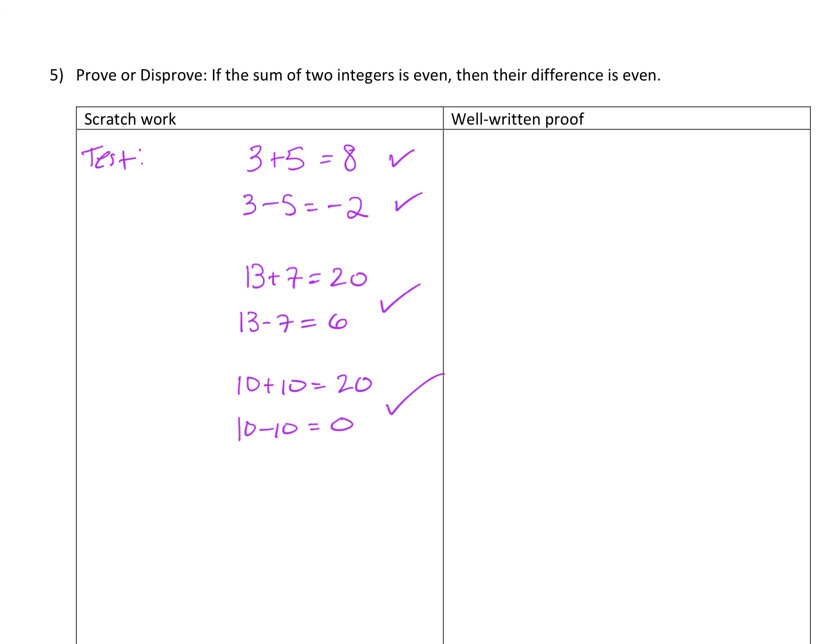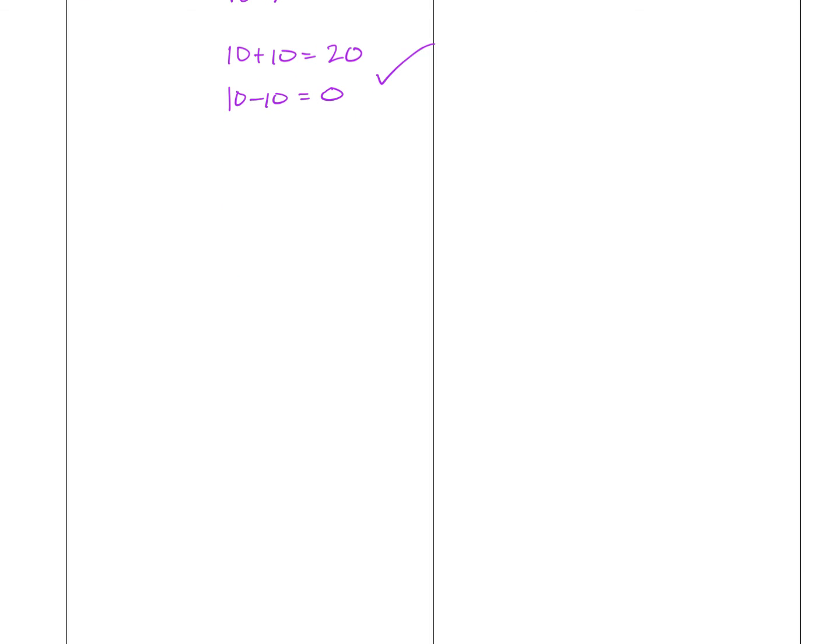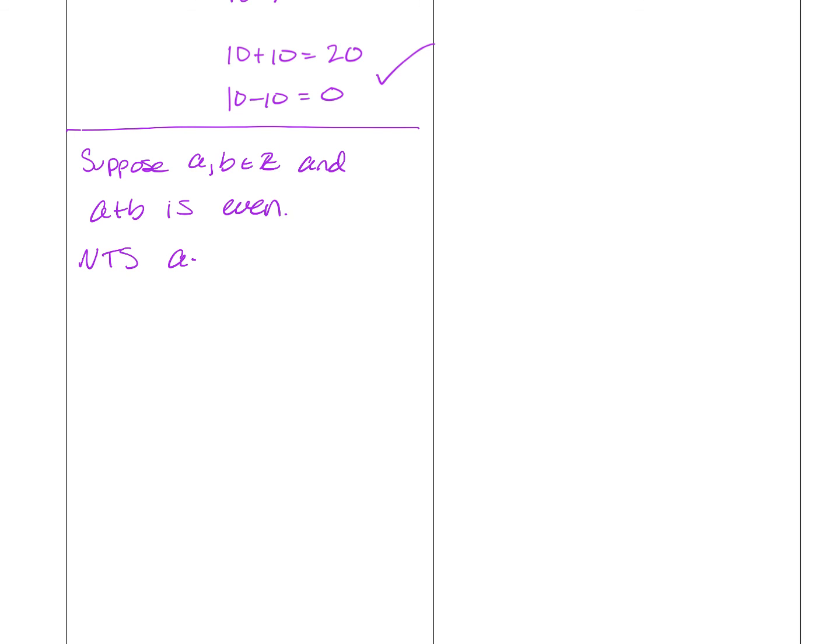So let's try to do a little scratch work to set this up. We suppose we have two integers, a and b, and that their sum is even. And we need to show that a minus b is even.